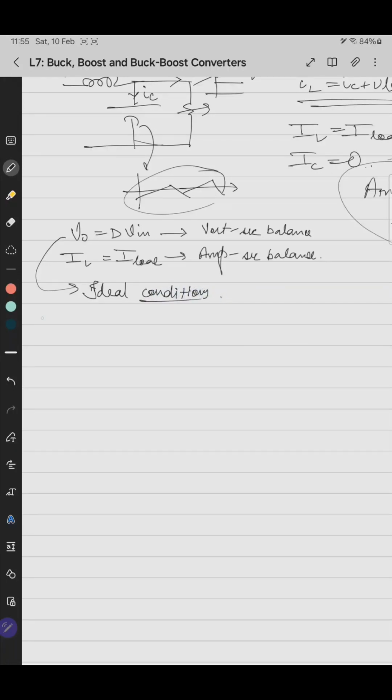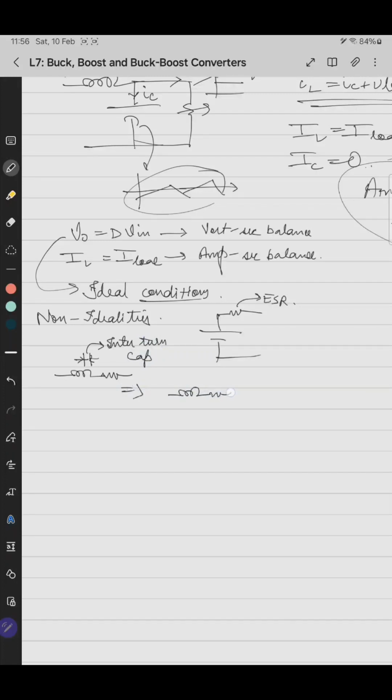So what are the typical non-idealities? In the source we have an equivalent series resistor. For the inductor we have the resistor and the interturn capacitance, so this will become an RLC.